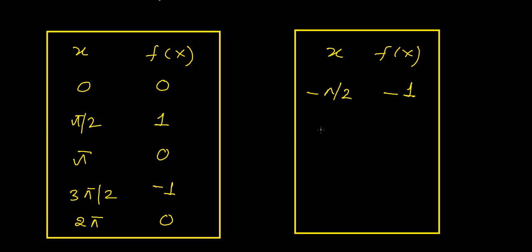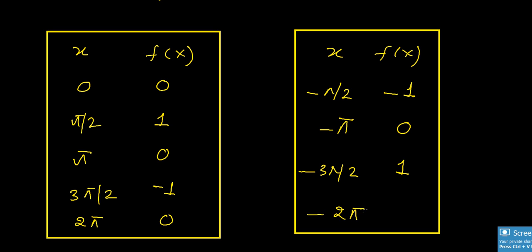And similarly take x as minus pi, so we will get f of x as 0. For minus 3 pi by 2, sin minus 3 pi by 2 will be 1. And for minus 2 pi, f of x will be 0. So we got the T chart now.